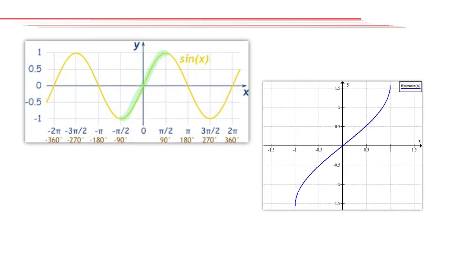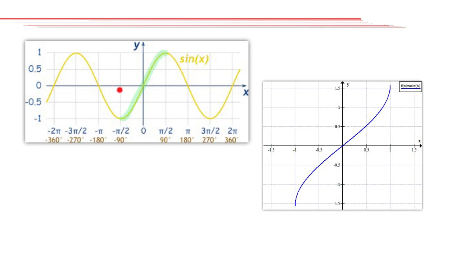Now let's analyze this situation. First of all, we know that the range of the original sine function goes from -1 up to +1. So that should be the domain of the inverse function. So is that indeed true? Well, yes, the domain goes from -1 to +1.